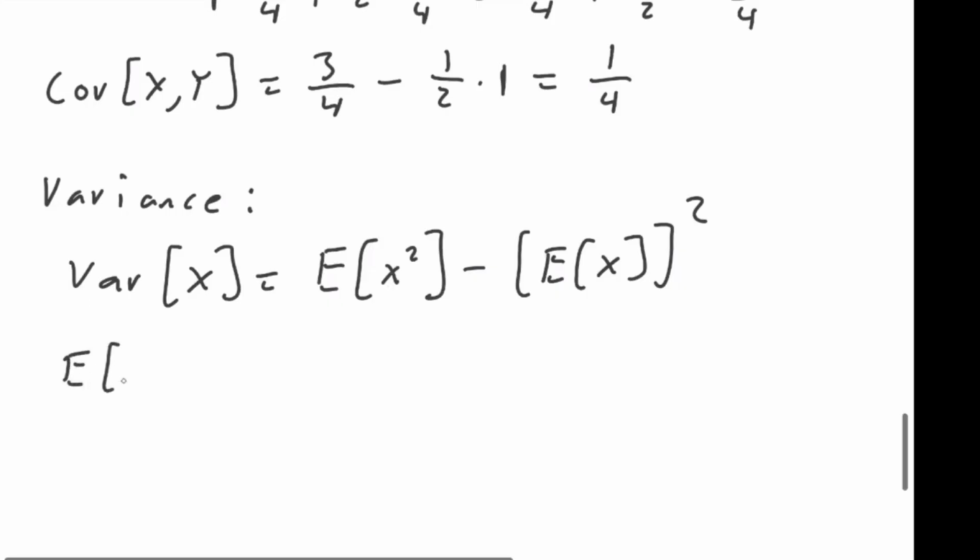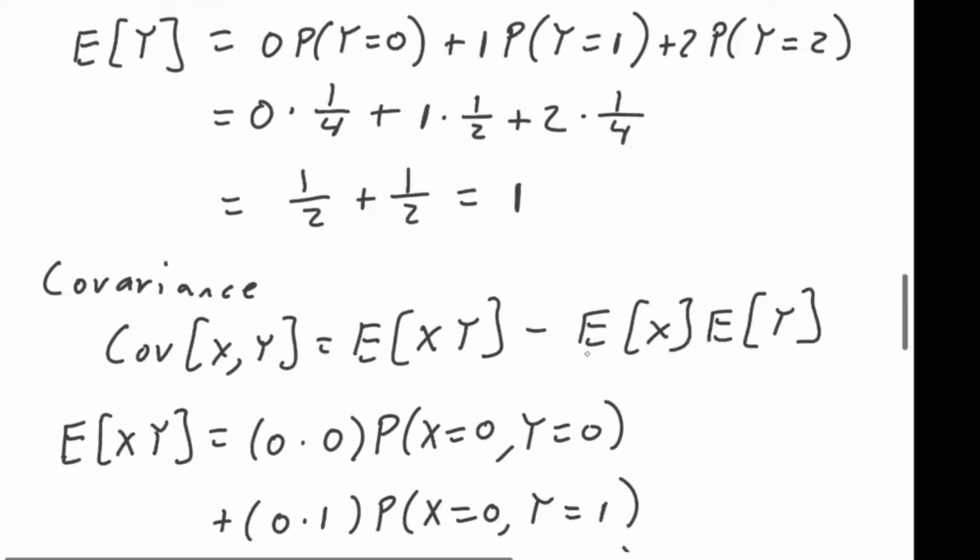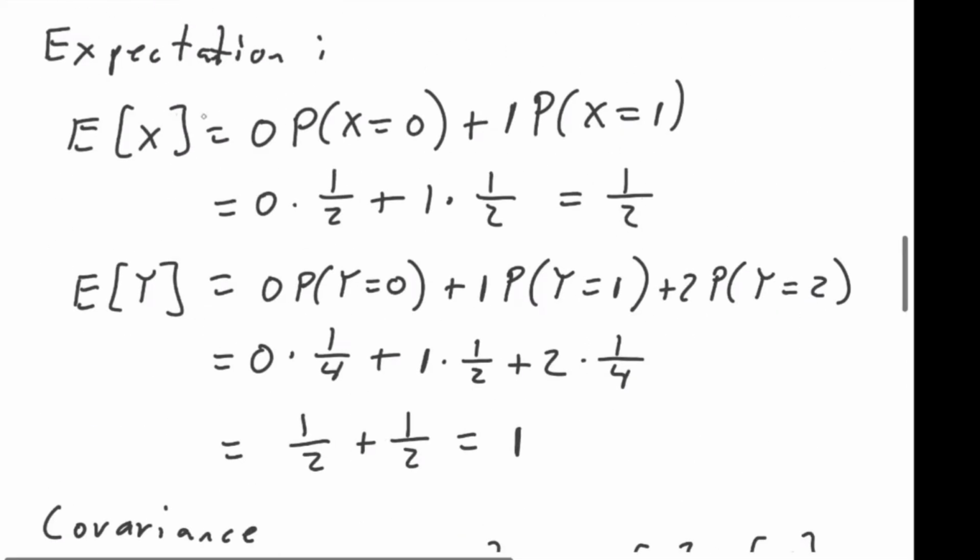So the expected value of x squared, remember, x can take on 0, so 0 squared times the probability that x is equal to 0, plus 1 squared times the probability that x is equal to 1. And that's still going to be just 1 times the probability of x is equal to 1. So in this case, the expected value of x is the same as the expected value of x squared, which is 1/2.